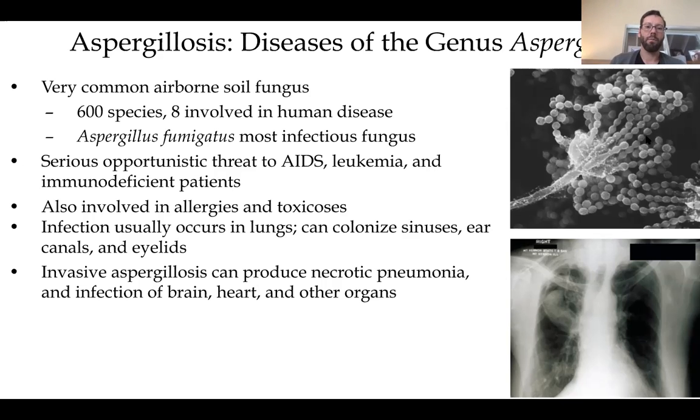It can also lead to allergies or exacerbate allergies. If you have a house that has mold in it, this can be inhaled and wreak havoc on your sinuses. It can inhabit the eyelids or the ear canals.